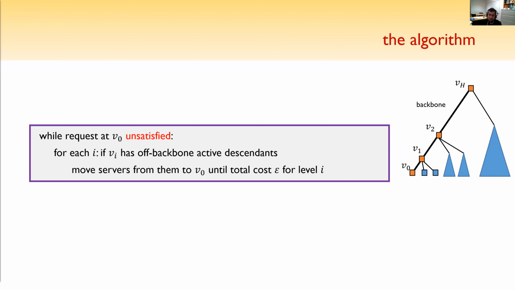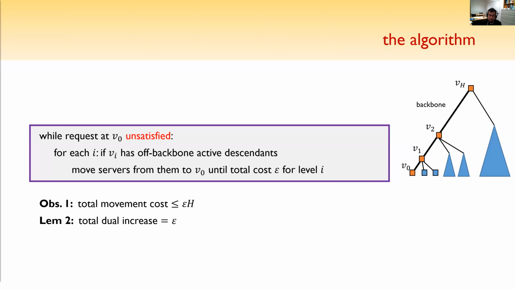So the subtrees under V1 are sending servers at a much higher rate and incurring, let's say, some epsilon cost. Subtrees under V2 are sending servers at a lower rate and incurring the same cost epsilon. Subtrees under VH are sending servers at the lowest rate and are also incurring a cost of epsilon. So all subtrees are incurring cost at rate epsilon. So the total movement cost is just epsilon times the height of the tree in one of these steps.